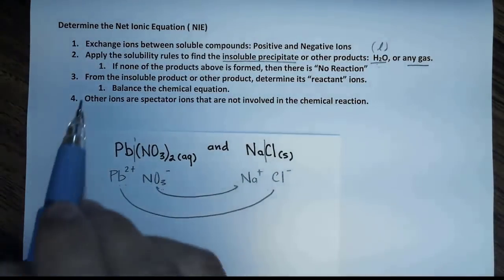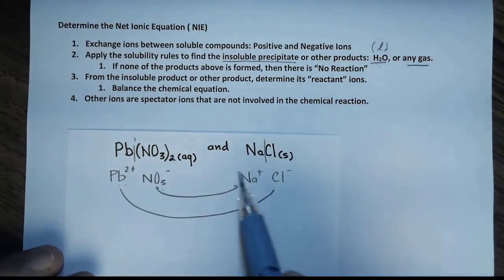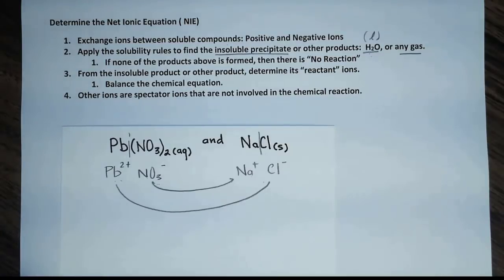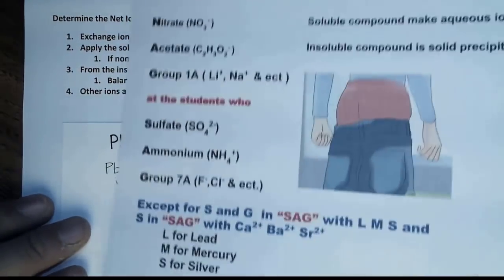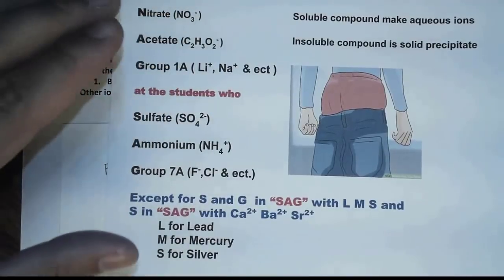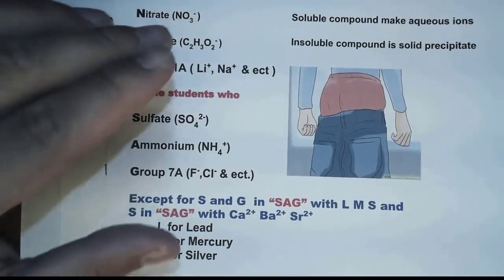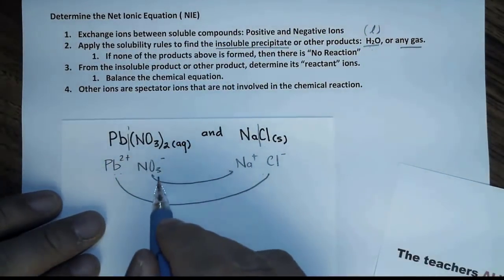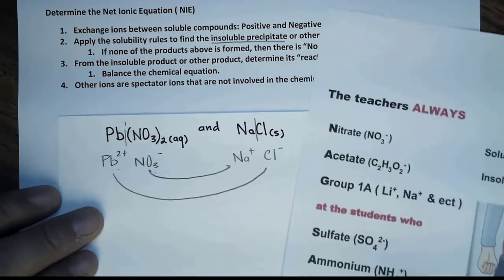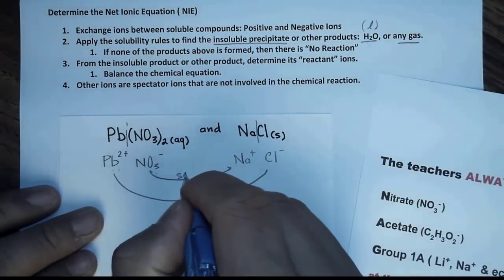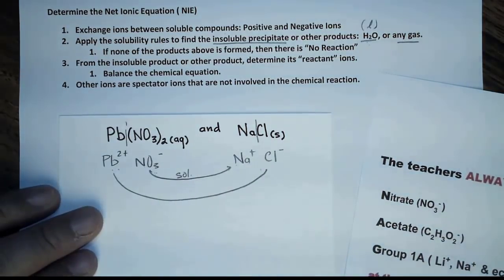And then we're going to go to step 2, look for the possible product. In this case, we have to apply the solubility rules. Use the solubility rules to determine if a substance will be soluble or it's going to be a solid precipitate. In this case, I know nitrate is always soluble, so it's not going to make any product that we're going to look at.